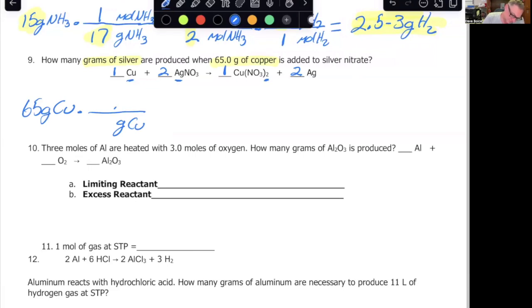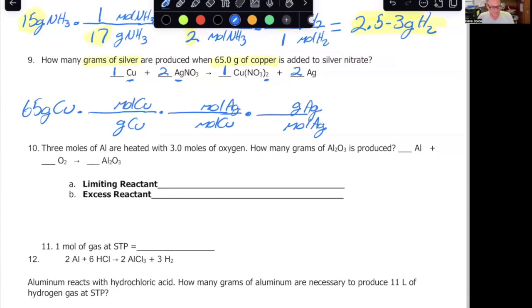So grams to moles of copper, moles of copper to moles of my B, which is silver. And then always bring my unit down to grams of Ag, or silver.